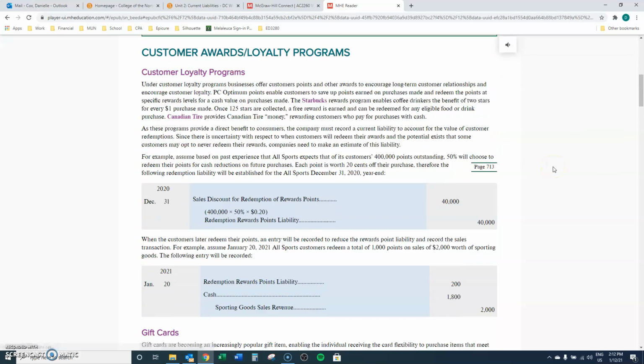Here we go. Customer awards, loyalty programs. So that's one example. If there's a loyalty program of sorts, like lots of times you'll collect points to use towards items from the store or discounts and such. So they provide a direct benefit to the consumers.